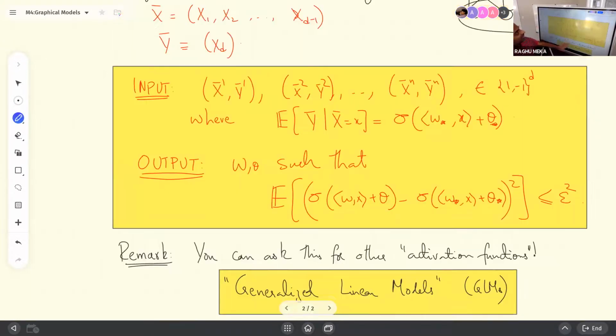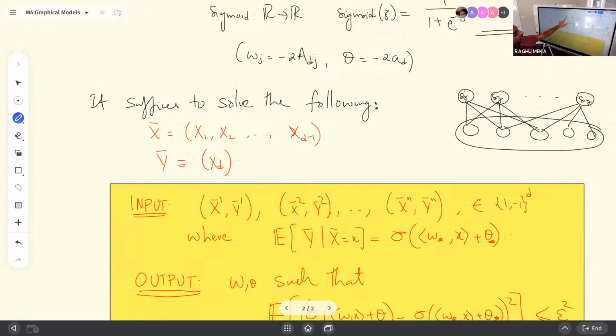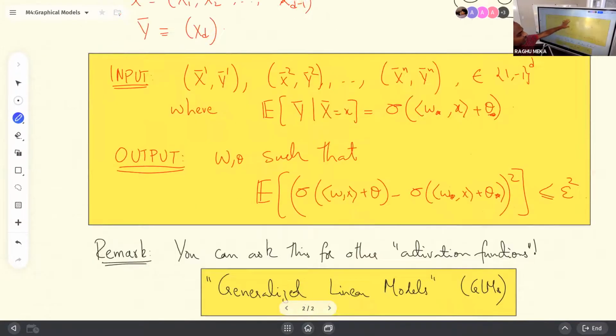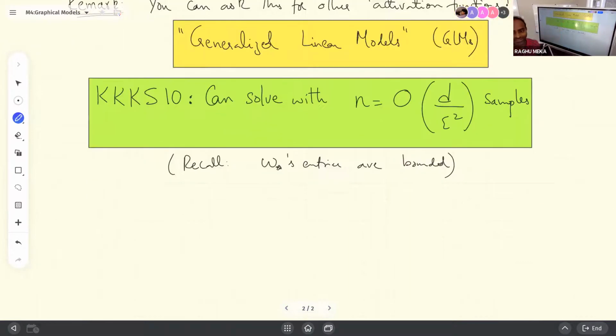Well, think of what these coefficients are, right? These are this minus 2 ADJ. So it depends on the graph. And what do we know about the graph? Basically the coefficients here correspond to the coefficients of the dth vertex. So we have all of these d minus 1, and then I have d.